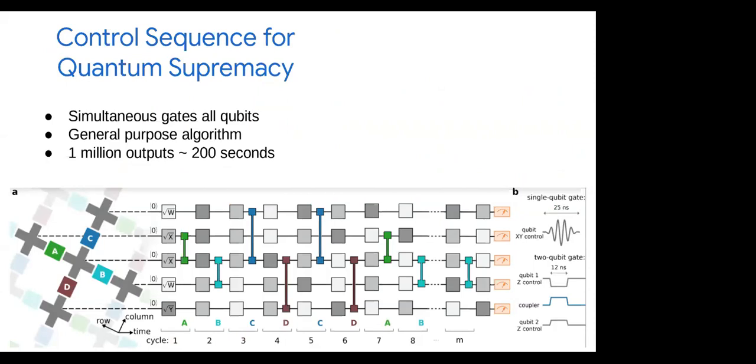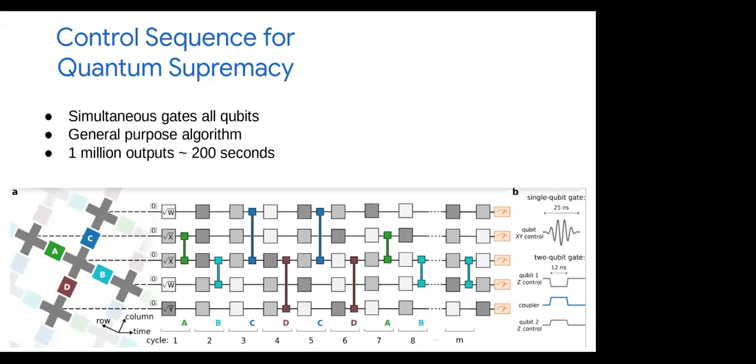So this is kind of how the sequence of gates looks like in these random circuits. We have a number of cycles. Every cycle has a sequence of random single qubit gates on all the qubits, and then 2 qubit gates, such that basically every qubit participates in a 2 qubit gate. So that's one cycle, or cross-entropy cycle.